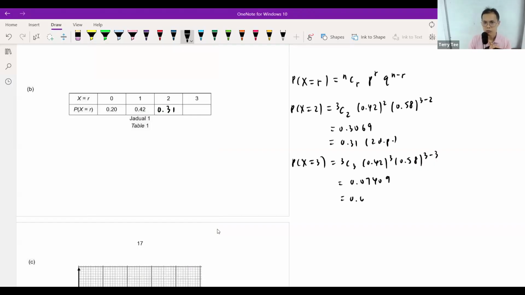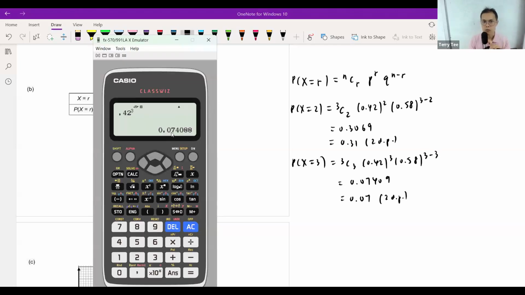But in order for us to draw on the graph, maybe we just use 2 decimal places because everything else is 2 decimal places. By the way, you can also use your calculator directly. I'm just showing you how to use this. You go to menu, go to 7 for distribution, go to number 4 for binomial PD. And we can use the function list.